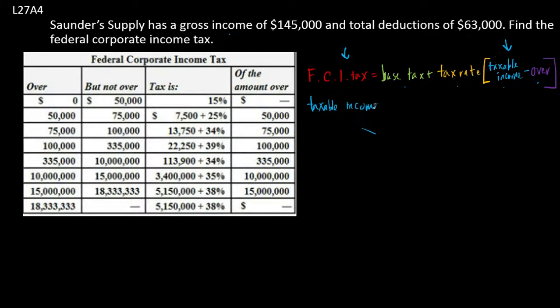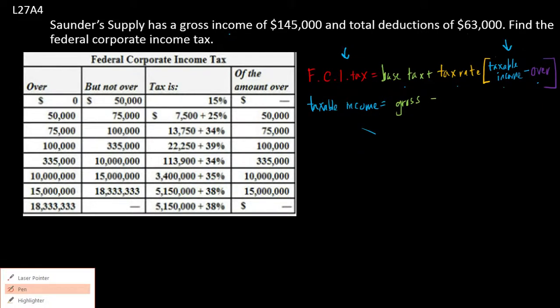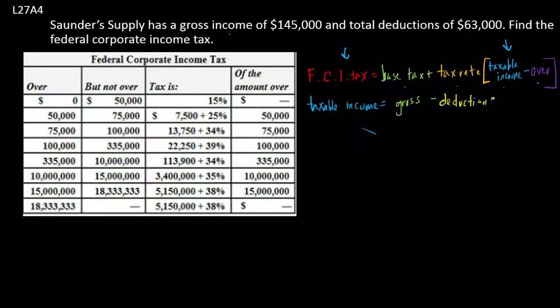So taxable income is equal to your annual gross income minus your deductions. So I can quickly calculate this. I know that my gross income is equal to $145,000.